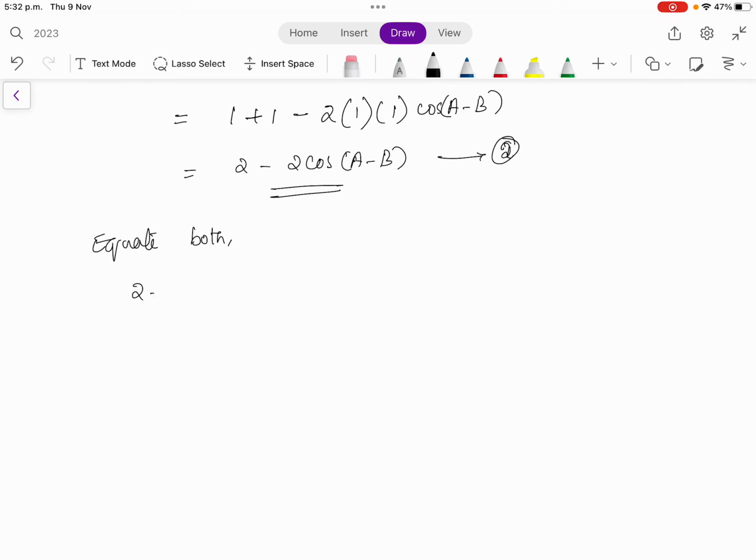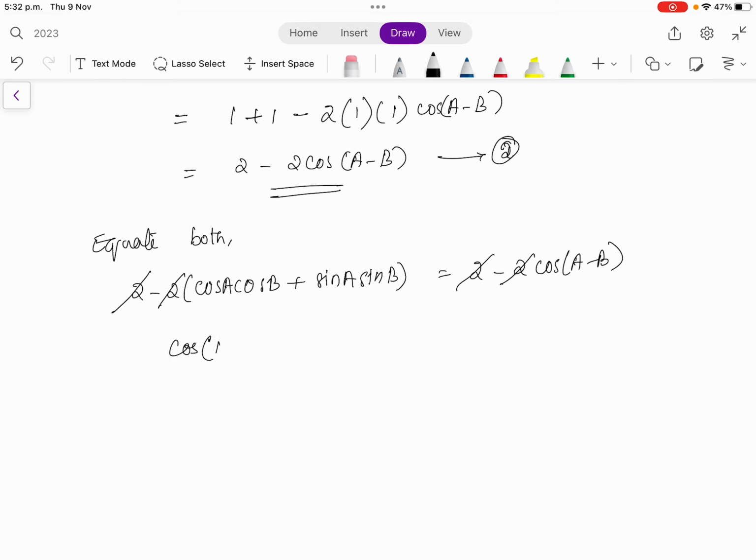What I will get is 2 minus 2 cos A cos B plus sin A sin B is equal to 2 minus 2 cos A minus B. So I can cancel off this 2, the negative also, and this 2 and this 2, and I get cos A minus B is equal to cos A cos B plus sin A sin B. So this is how we find the formula.